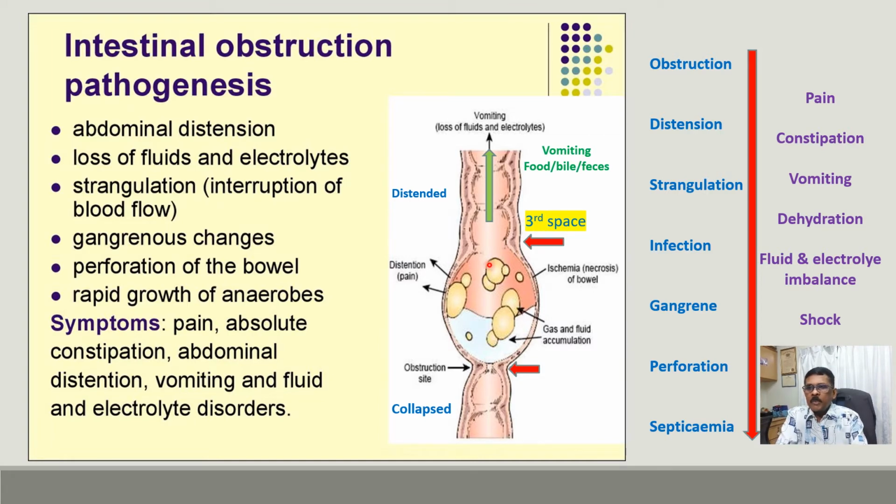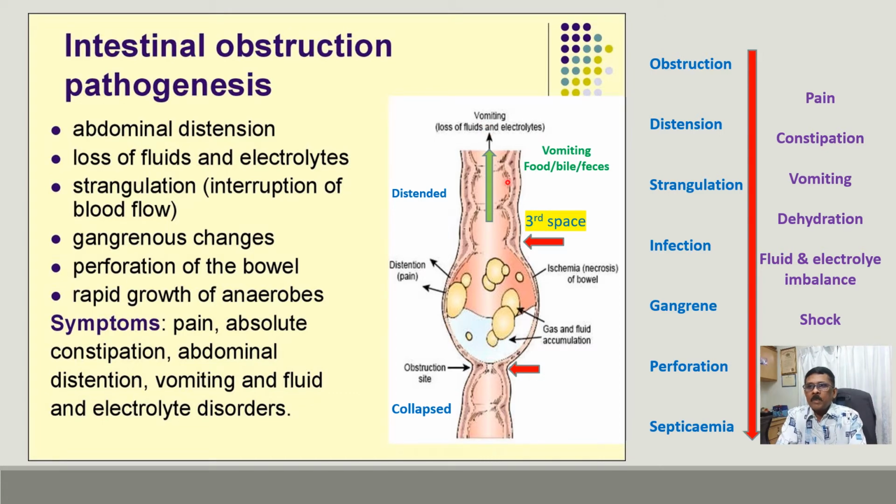Meanwhile, the pressure created by the blocked contents accumulates, and this pressure forces the food and the secretions collected here to be forcefully ejected by persistent vomiting, and that accounts for the vomiting of the patient.